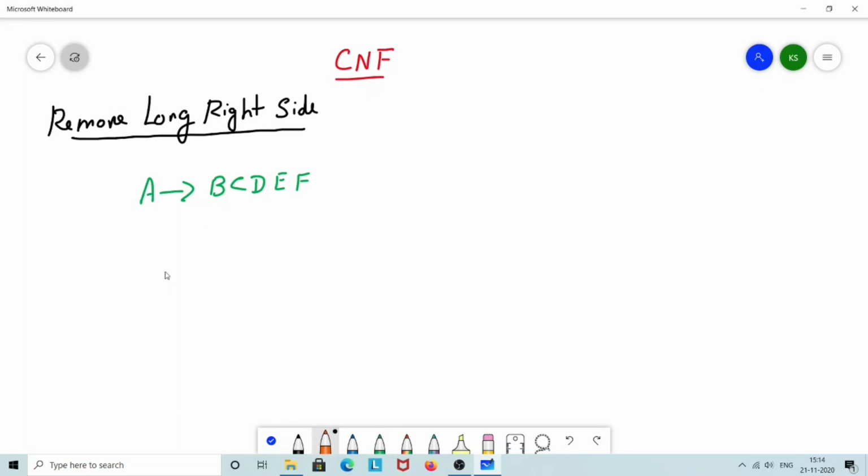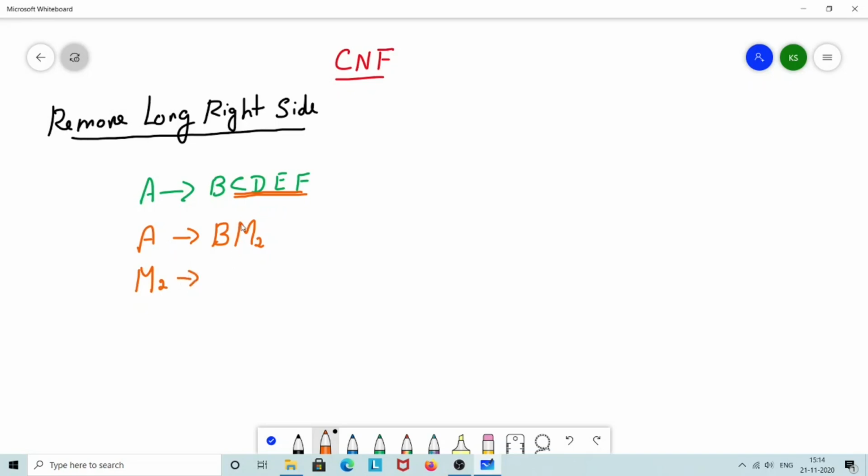So what I will do is I will replace initially this rule with A gives B, and this entire thing I will replace with M2. Let me name it as M2. Now, what does M2 mean? M2 is nothing but CDEF, right?